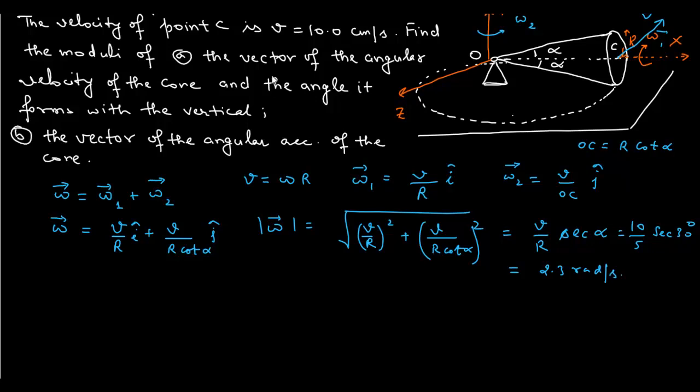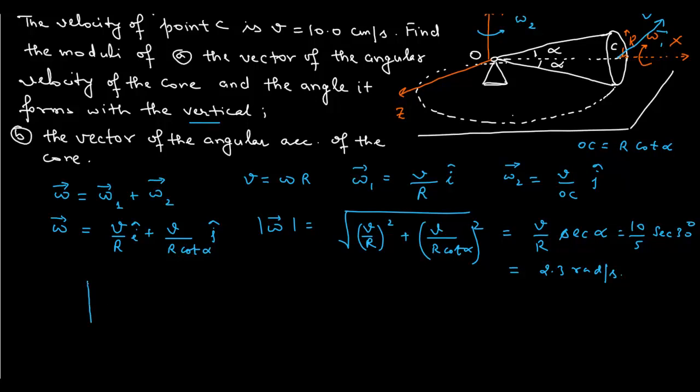Clear? Now in the second part of part A, we have to find the angle which this angular velocity makes with the vertical. So you have to be careful, he is asking about the angle it makes with the vertical.